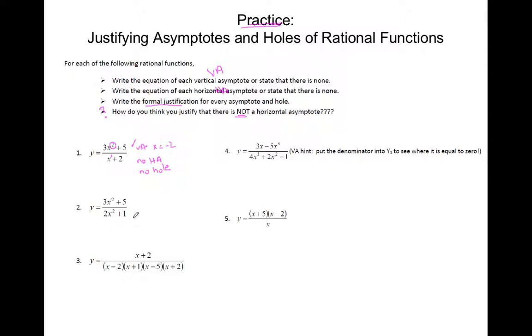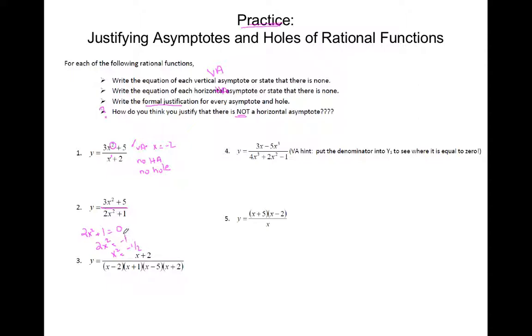What about the next one? This is tricky, right? As soon as you see a fraction, you worry. You worry about what makes the denominator equal to 0. Well, what numbers? Remember, you're only dealing with real numbers. What can you square and get negative a half? Nothing, honey.